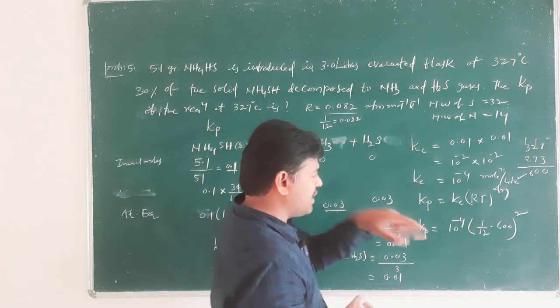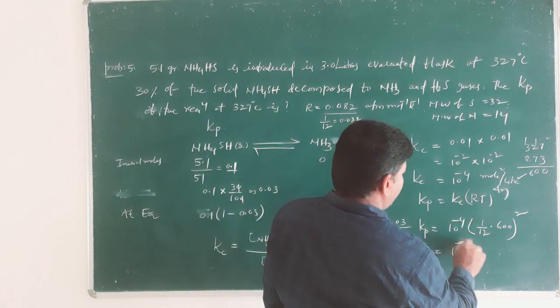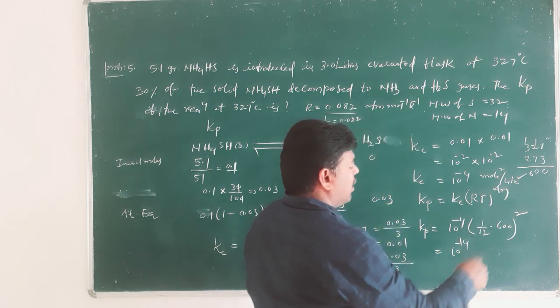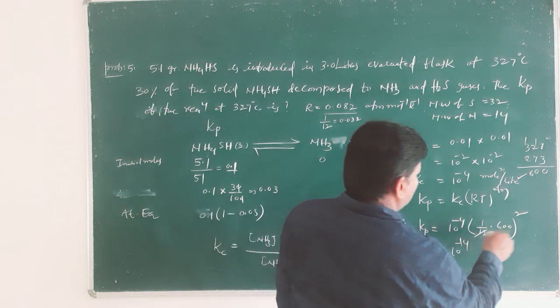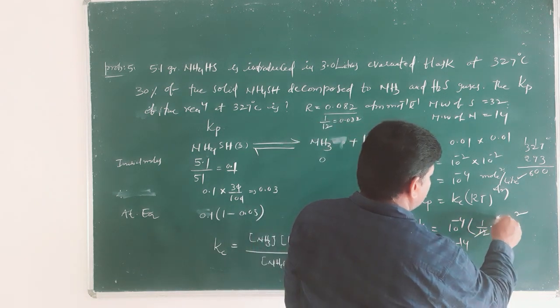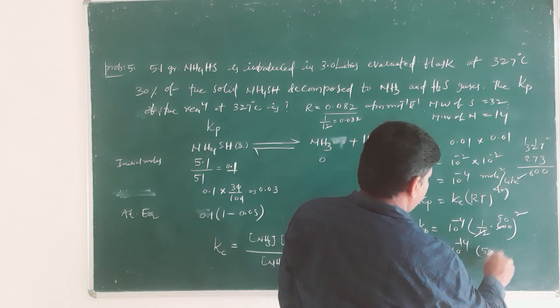So, 10 power minus 4 into 1 by 12 into 600 whole square. 600 by 12 is 50, that is 50 square.